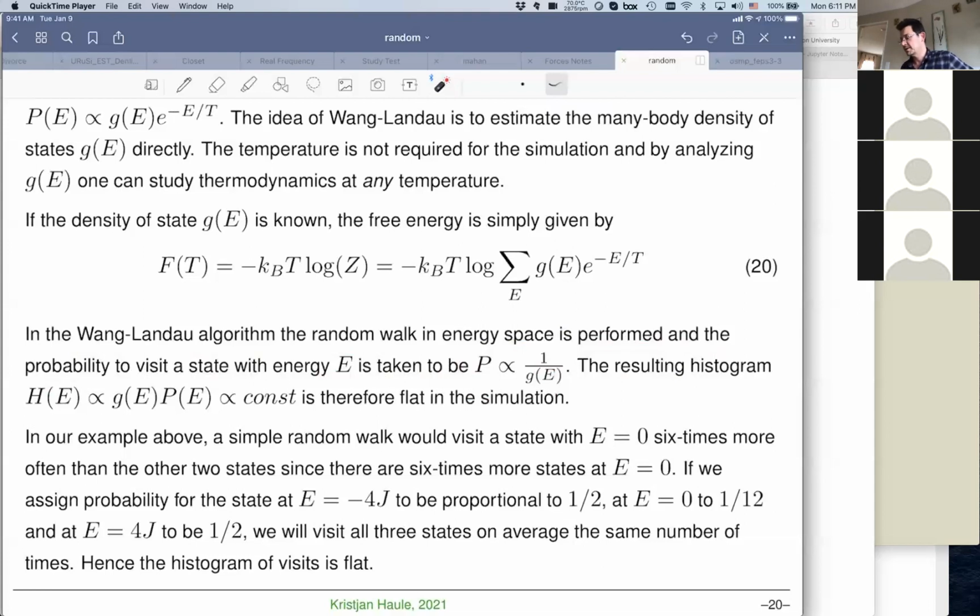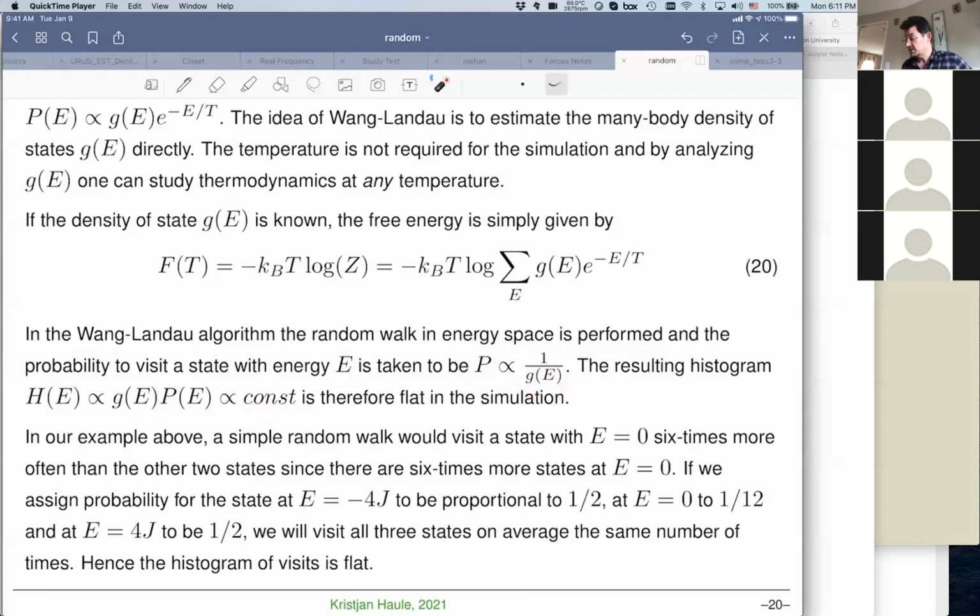So we are going to run the Monte Carlo simulation, this time in the space of energies, and then we're going to see how often we visited a certain energy E. If our probability to visit a state is 1 over the density of states, but the degeneracy is g(E), then we know that each energy is supposed to be visited with a constant frequency; the histogram should be flat.